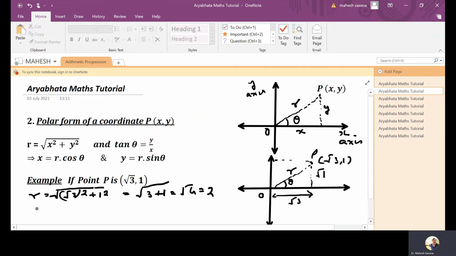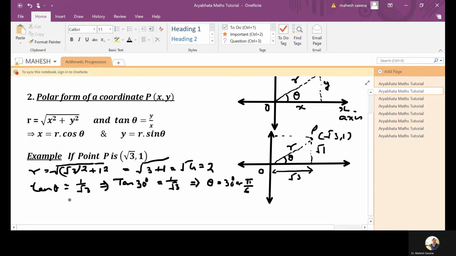And tan theta is equal to 1 upon root 3. This implies that theta, tan theta, that is tan 30 degree, is equal to 1 upon root 3, implies that theta is equal to 30 degree or pi by 6.